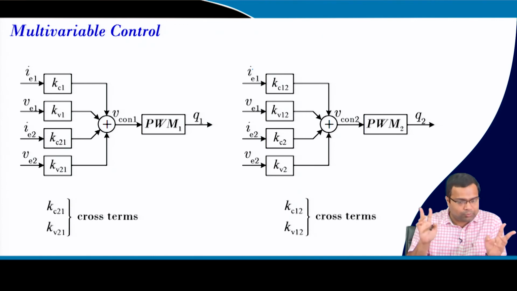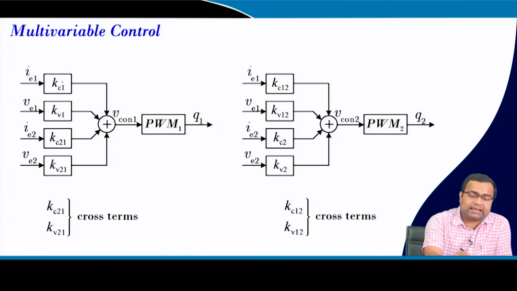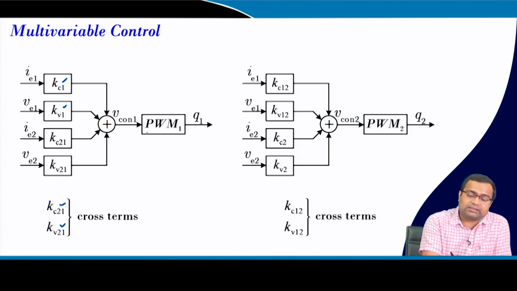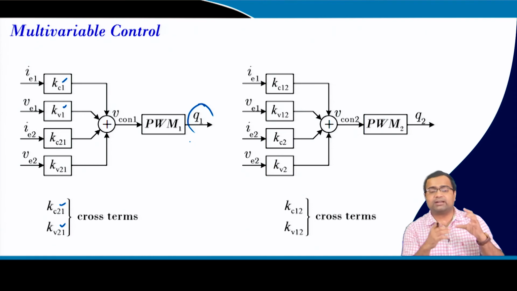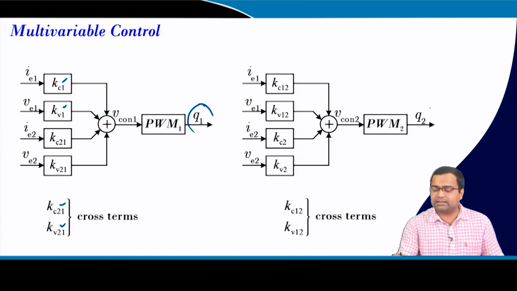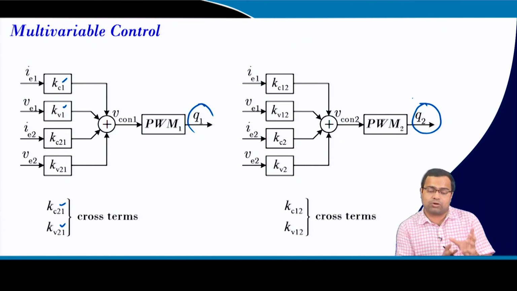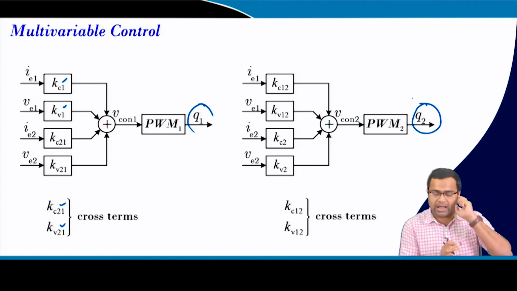There are 2 output voltages and 2 inputs Q1 and Q2, and there will be self terms like Kc1 and Kv1, and there will be cross terms which will be Kc21, Kv21, because the first converter gate signal can be generated by taking the feedback of its own current and voltage as well as the other converter's current and voltage error information. Similarly, the POL converter output can be generated by the combination of its own current and voltage as well as the current and voltage error of the IBC.